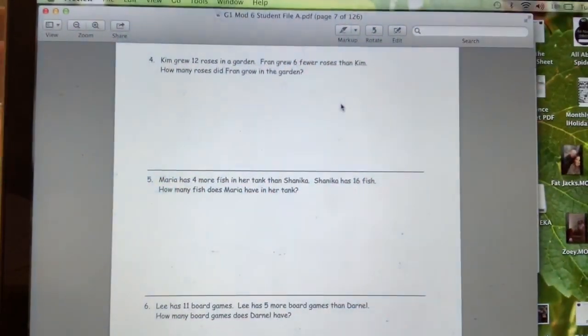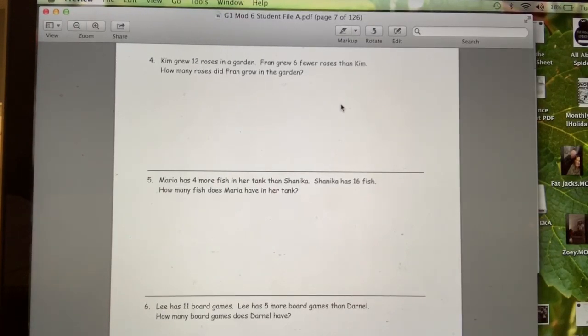Okay. Number 5, this one. Maria has 4 more fish in her tank than Shanika. Shanika has 16 fish. How many fish does Maria have in her fish tank? They changed it up on us. They reversed the order.